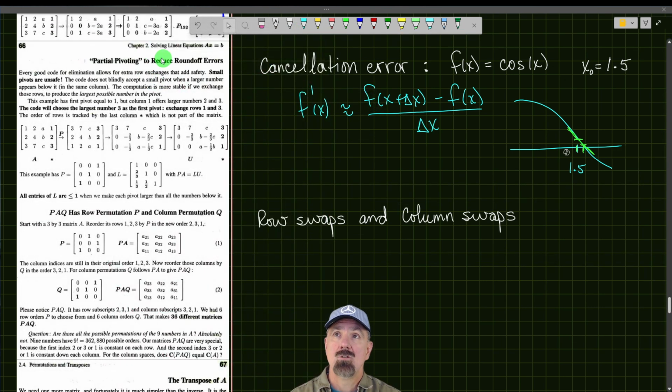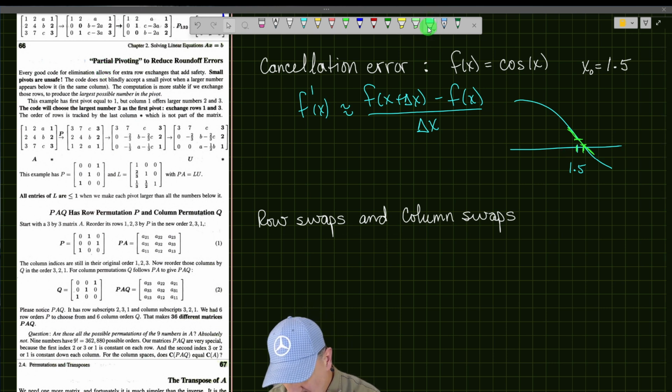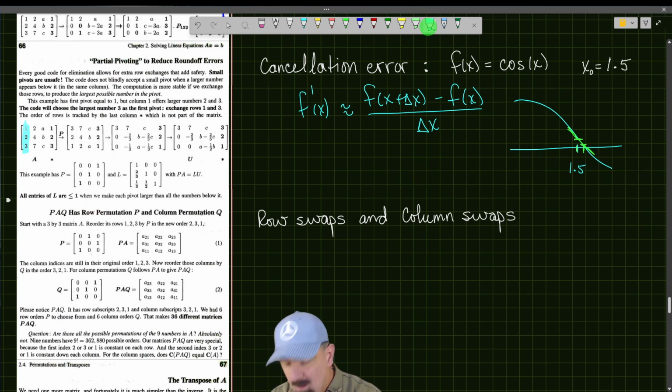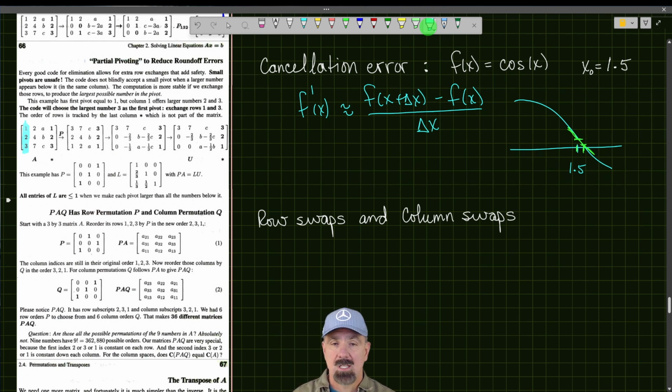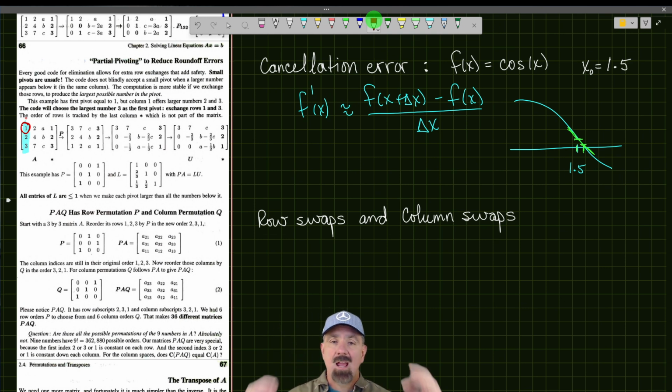Because of that, we do something called partial pivoting. And he has a great example that you need to walk through here. We're going to start by eliminating in the first column as we normally do. What we've been doing this entire time is using 1 as our pivot and eliminating on the way down.